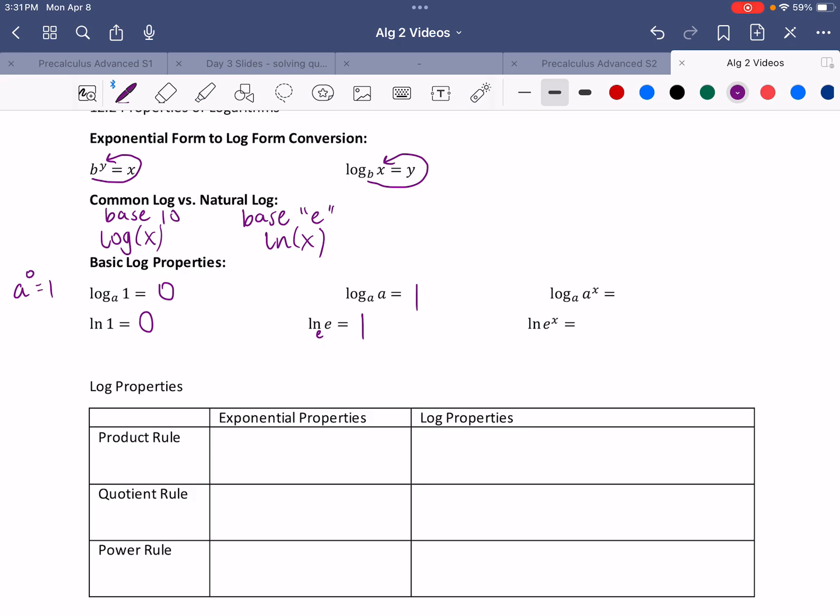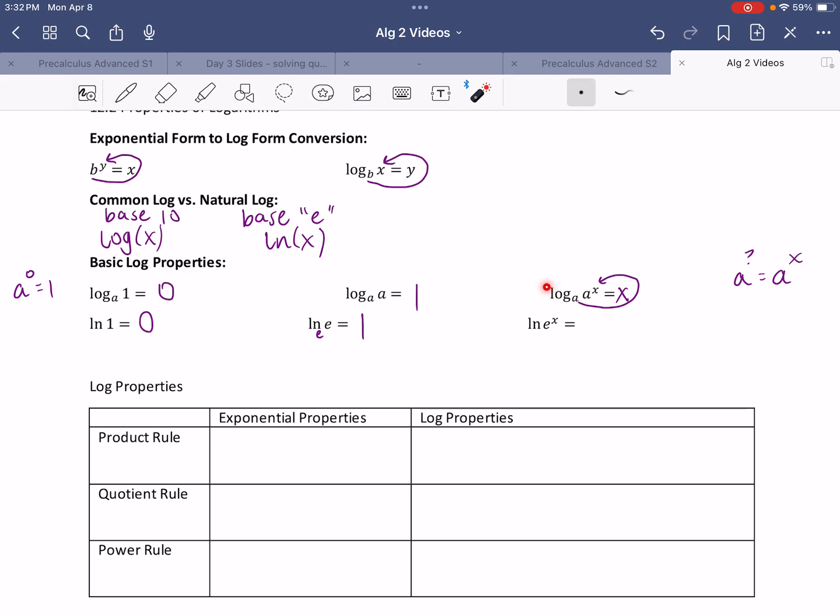The next one we could think of a couple different ways. So this is like saying, let's see, I'm going to rewrite it. A to some power makes a to the x power. Oh, well, that's just going to leave an x, right? Or you could say, I know that to get from a to a, I would just need 1, and then I would need the x.